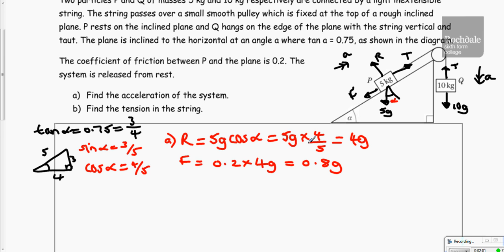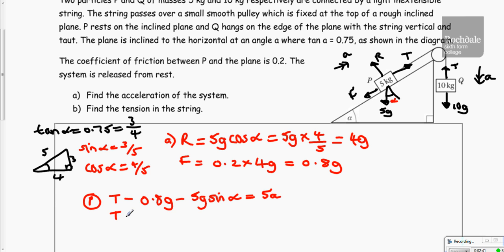So going ahead and actually doing the question, if we do F equals ma for P first of all, up the plane we've got the tension, down the plane we've got the friction, which is 0.8g, and we've also got a component of the weight acting down the plane. And that will be 5g, we're turning away from the angle, so that will be sine alpha. That will be equal to the mass, which is 5, multiplied by the acceleration, which at this stage we don't know.